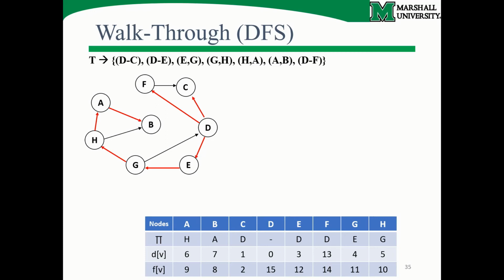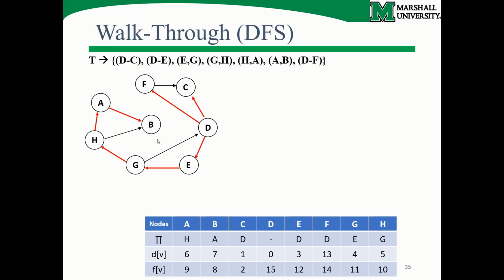When you do DFS simulation, you will use some of the edges to discover some new nodes. So here, if you look at the graph, we have some red edges which will be added to the DFS tree. There are some edges that are black which are not added to the tree.